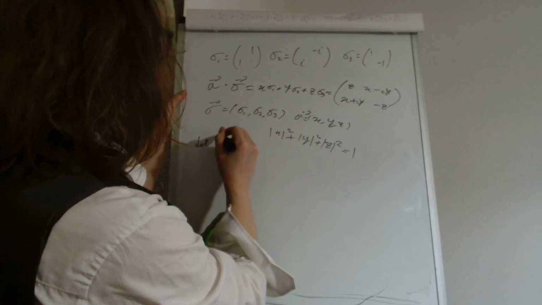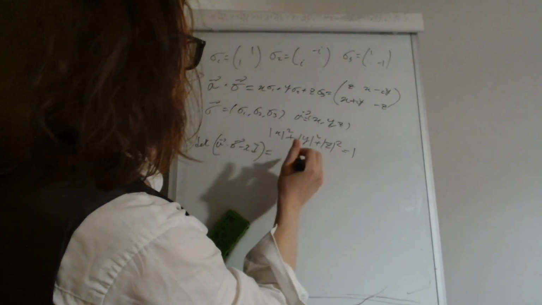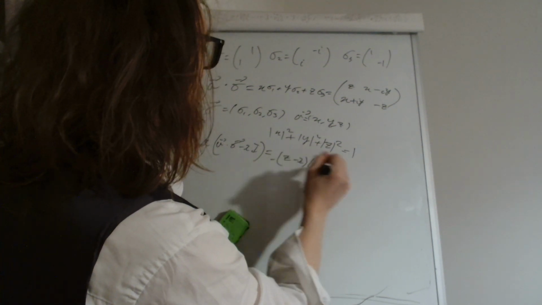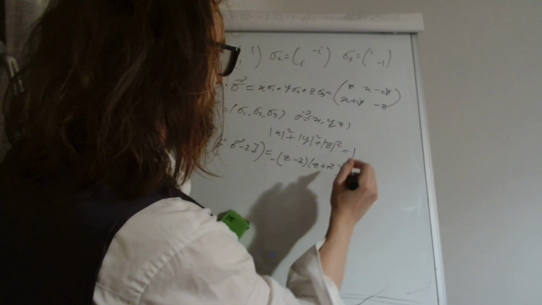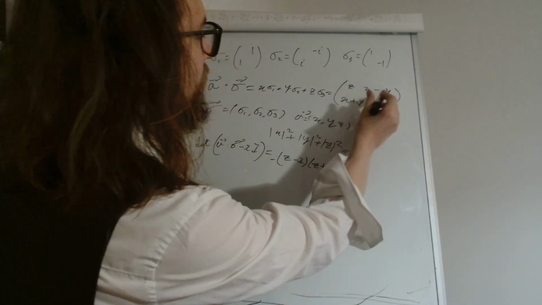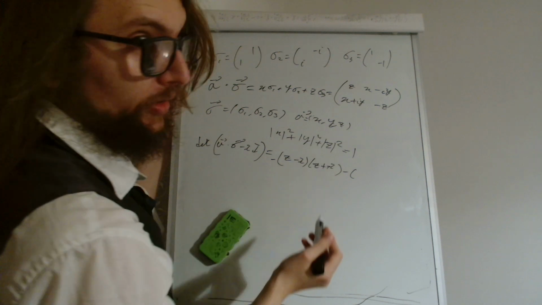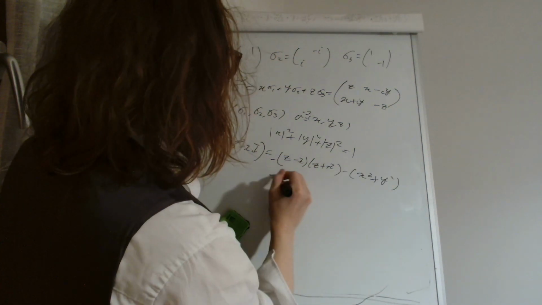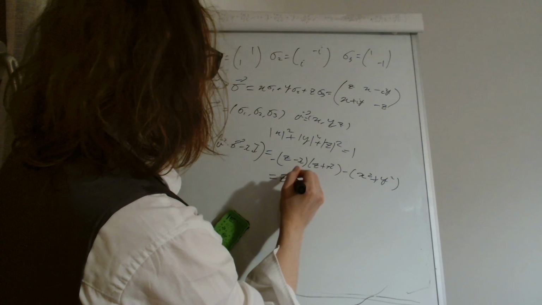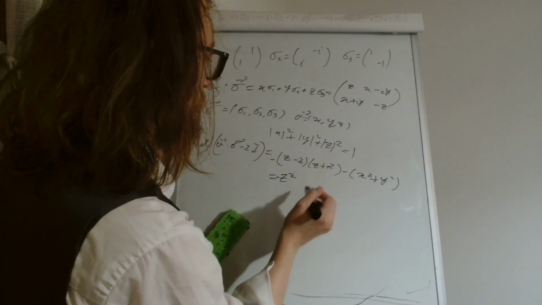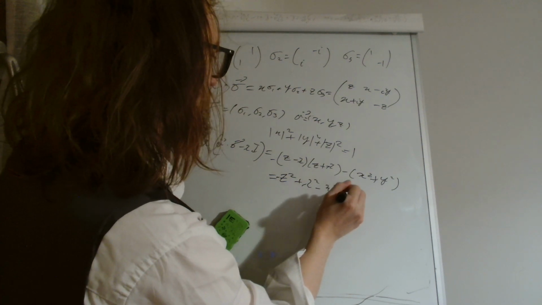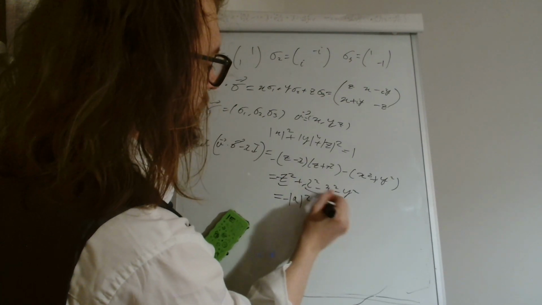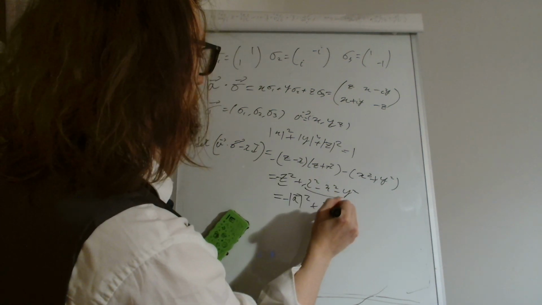The determinant of this minus lambda I is minus z minus lambda times minus z plus lambda, minus x minus iy times x plus iy, which is x squared plus y squared, and all this is equal to minus z squared plus lambda squared minus x squared minus y squared, and this is minus the modulus of A squared plus lambda squared.